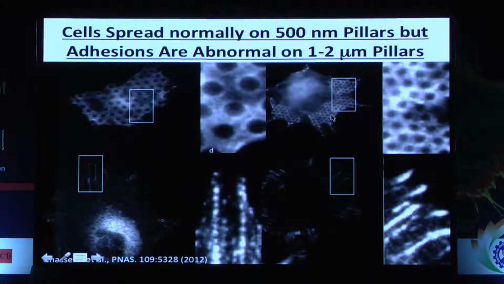And with 2-micron pillars, the adhesions formed around the cells, but with 1/2 micron pillars, the adhesions formed on top of the cells, and myosin was between the pillars, pulling them together and forming what appeared to be local contraction units on the surface.